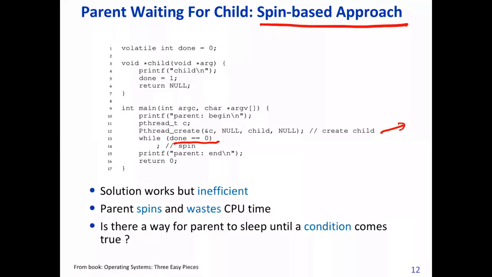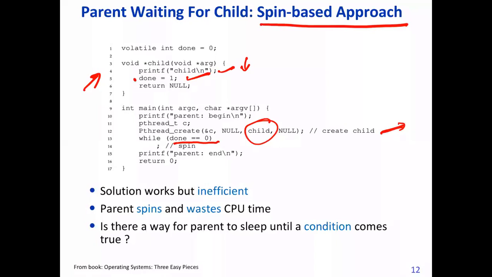Okay, and then the child, let's assume at this point in time child is created and child gets an execution slot. So child will print child, and then done is equal to 1. Okay, now this is a signal.